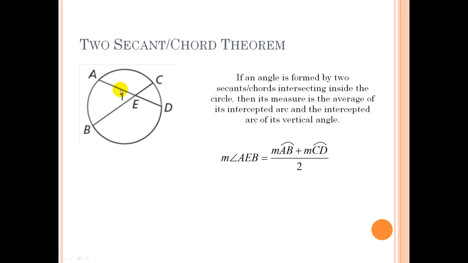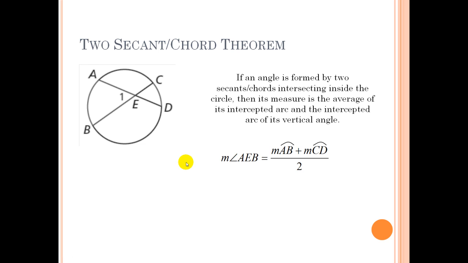So all I did is I took AB, added it to CD, and then divided by 2, because that's how you find the average. So arc AB plus arc CD divided by 2 will give you these two vertical angles here, angle AEB and angle CED, since we all know vertical angles are congruent.